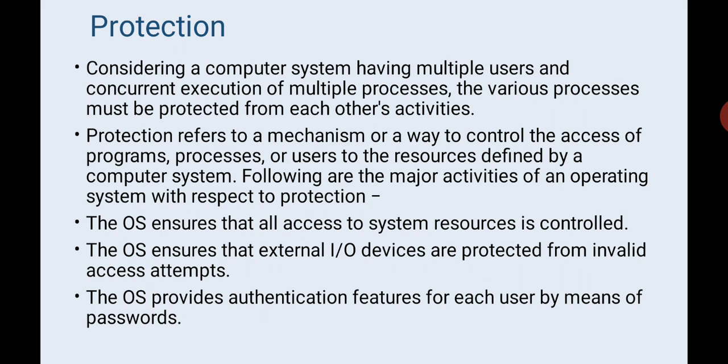Some of the major activities are: the operating system ensures that all access to system resources is controlled. It ensures that external input output devices are protected from invalid access attempts, and it provides an authentication feature to each user by means of passwords. So security or protection is a very important aspect, and this is done by the operating system.